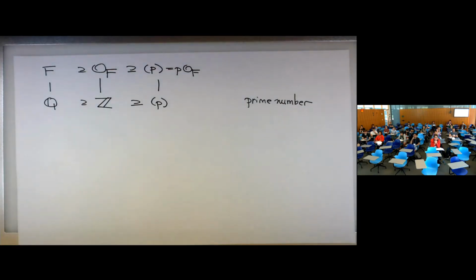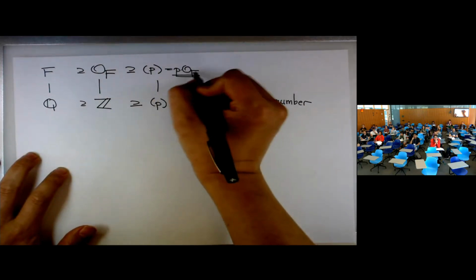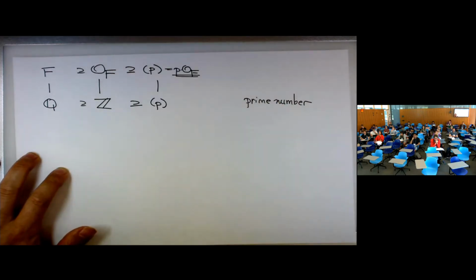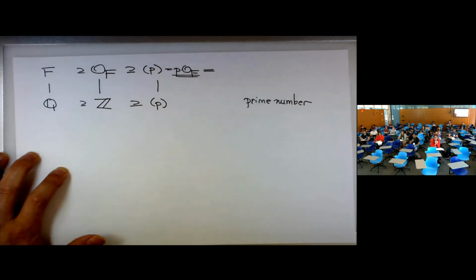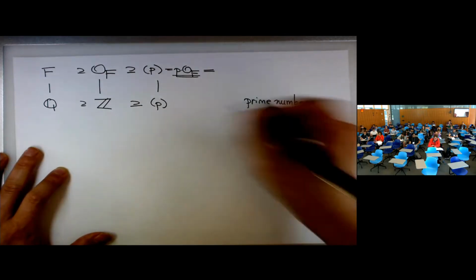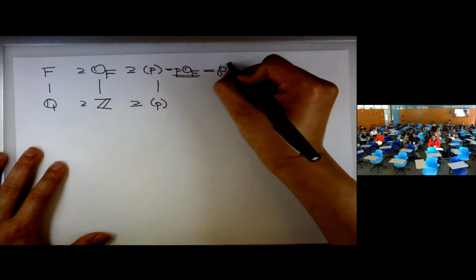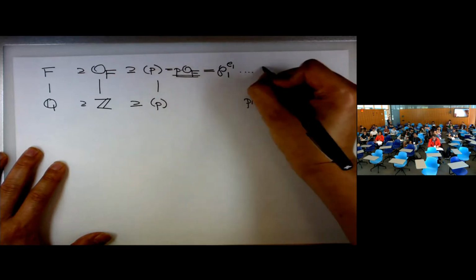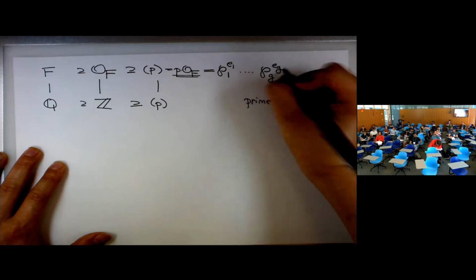What kind of avatar of the element P do we get in the bigger ring? You can also write it as P times elements in OF. This is how you define the ideal generated by P. By the unique factorization properties in the Dedekind domain, or the Dedekind theorem, this factors as a product of a bunch of prime ideals.